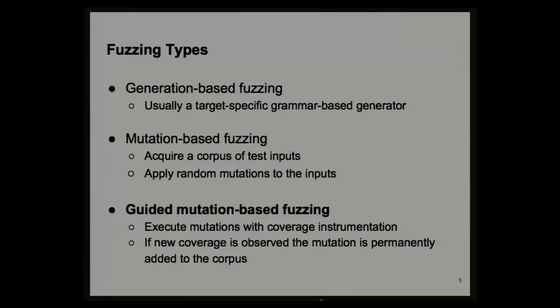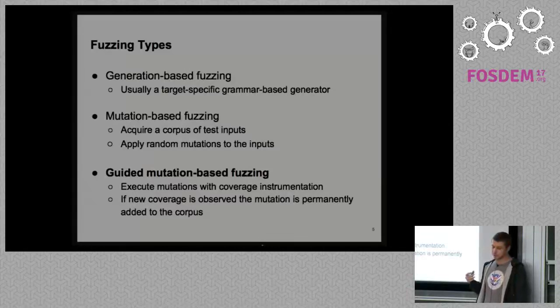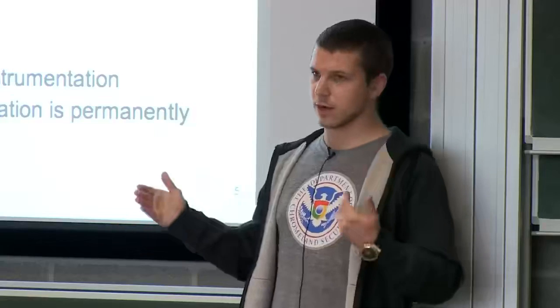And another approach is what we call the modern approach. It's guided mutation-based fuzzing. The mutation-based part is already explained. Guided means that the fuzzing engine, which generates and mutates inputs, tracks coverage of the target for every input generated. So let's say the fuzzing engine generates some video file, feeds it to the decoder, and sees which parts of code are covered.